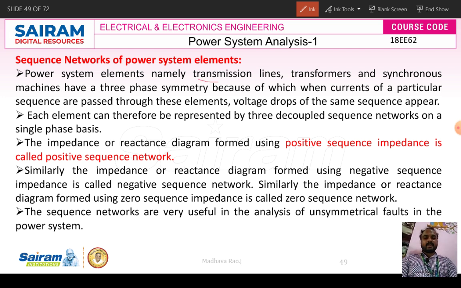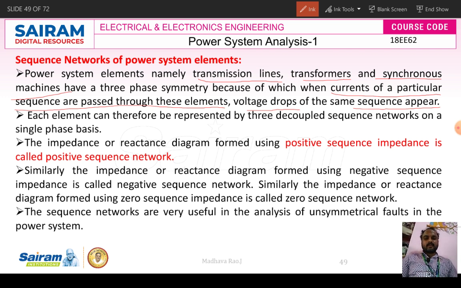Each element can therefore be represented by three decoupled sequence networks on a single phase basis.